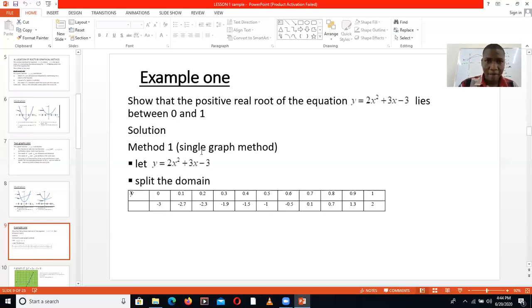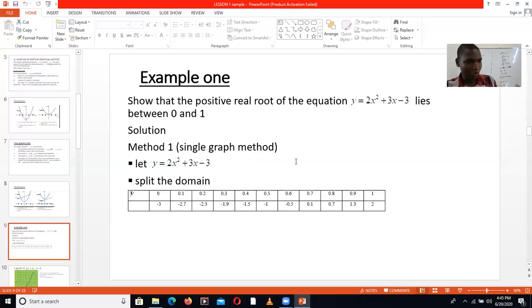You can do this by computing. You can save time. Instead of typing the function all the time, you can feed the function into the calculator at once. You simply say you have 2x squared plus 3x minus 3.